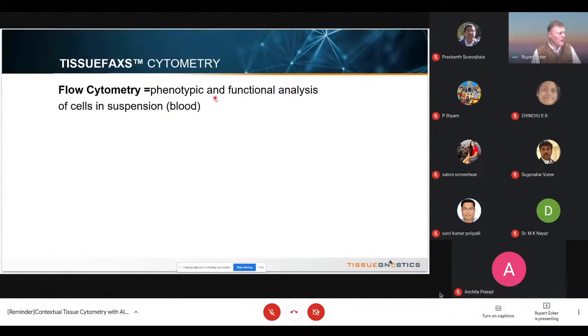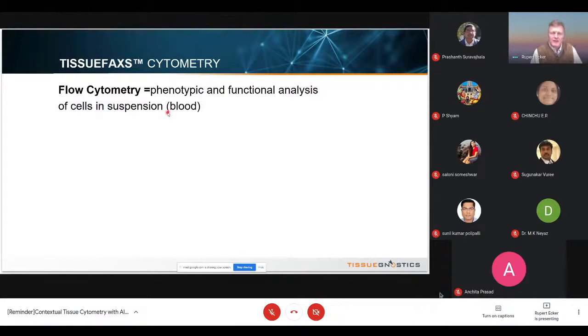Flow cytometry offers a phenotypic and functional analysis of cells by quantifying immunofluorescence-mediated antibody staining on the single cell level. One major limitation to flow cytometry is that it can only be applied to cells in suspension. That's why it's called flow cytometry.